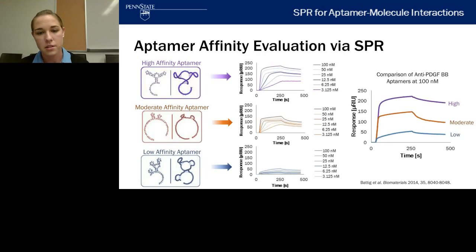So we can use SPR to evaluate the binding of this aptamer with its target at different concentrations. And when we look in the graph on the right, this sensorgram shows that the binding affinity of the high is much more than the moderate and low aptamers at the same concentration.